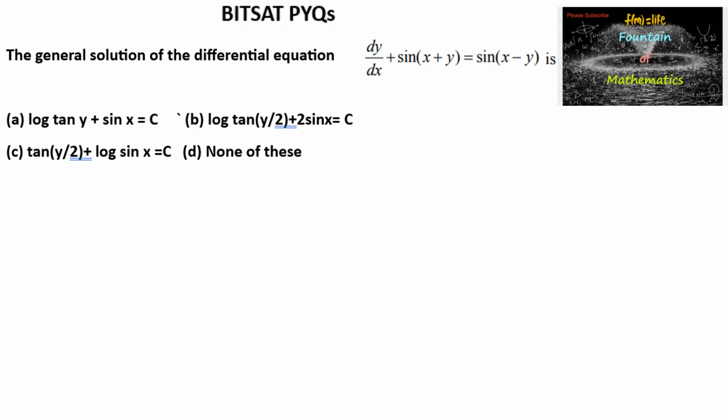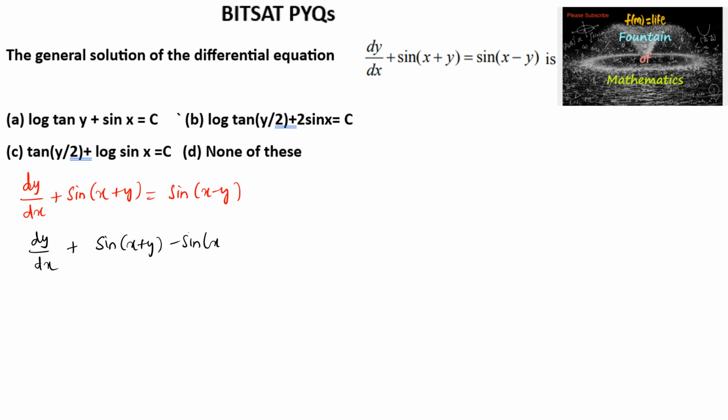The general solution of the differential equation dy by dx plus sine of (x plus y) is equal to sine of (x minus y). So we can write dy by dx plus sine of (x plus y) minus sine of (x minus y) is equal to 0.